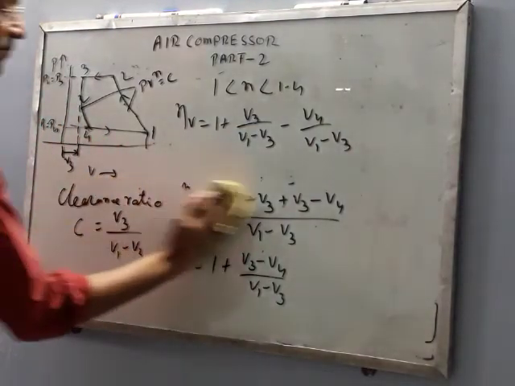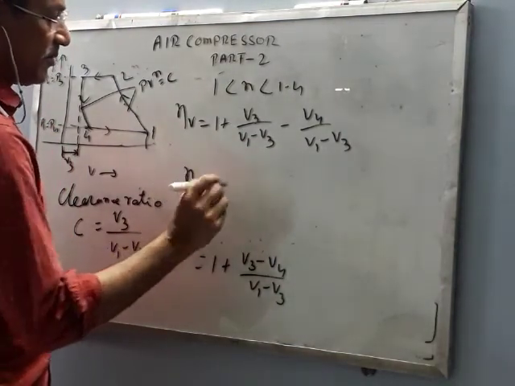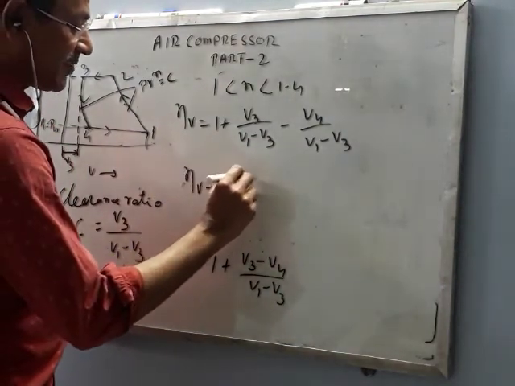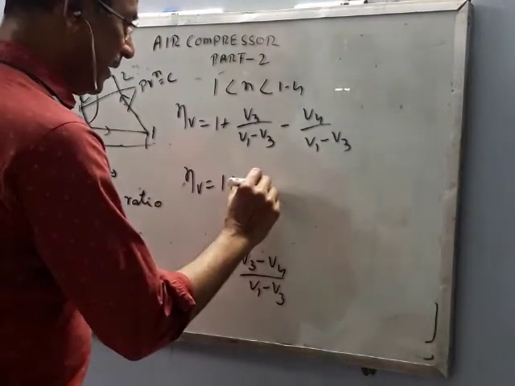Now next, volumetric efficiency is equal to 1 plus C, because it is the clearance ratio V3 by V1 minus V3, minus.